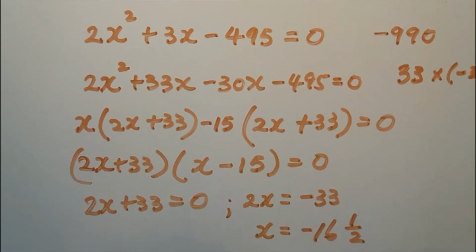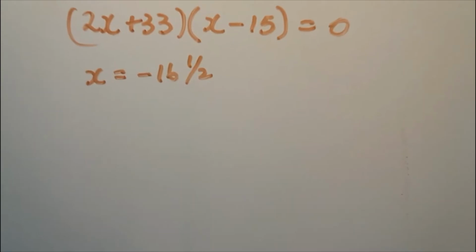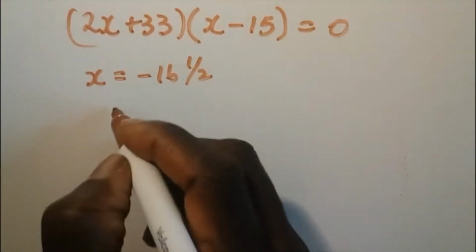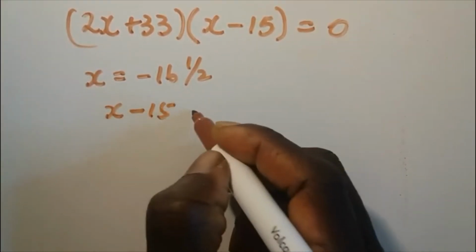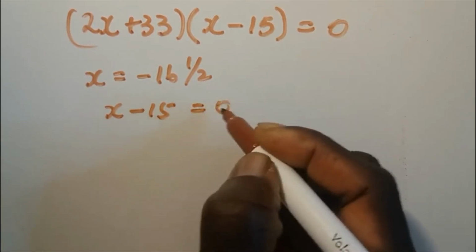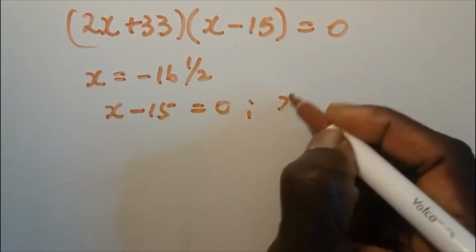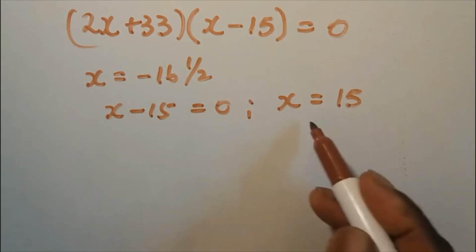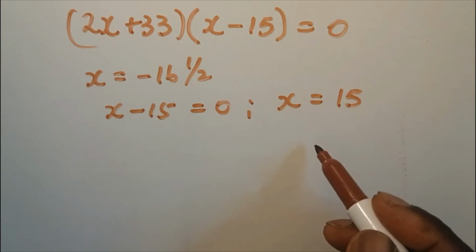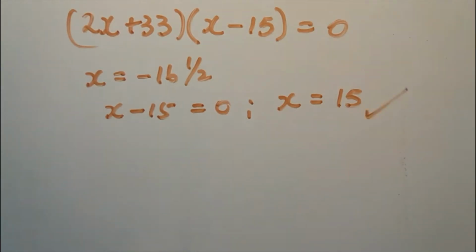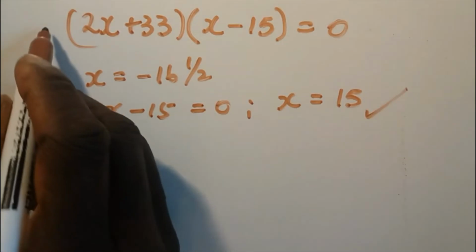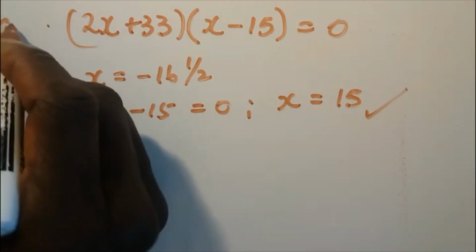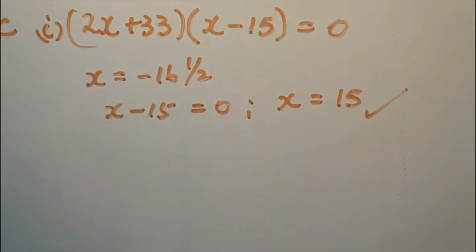And the other value of x will be x minus 15 is equal to 0, which implies that x is equal to 15. There's only one of these that will form a solution, the positive value of x, because we can't have a negative length. So x is 15. So this is C, I, part I.